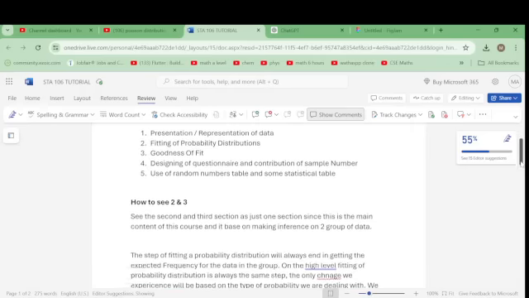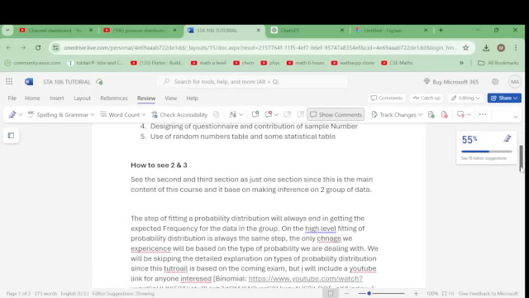You see here, I want you to treat the number two and three sections as just one section. This is the main content of this course, and it is based on making inference on groups of data.